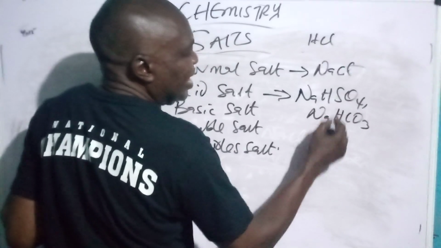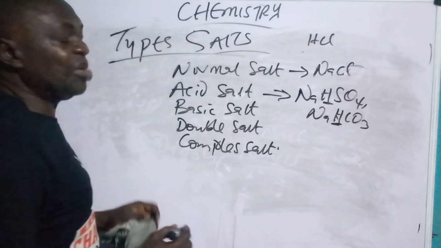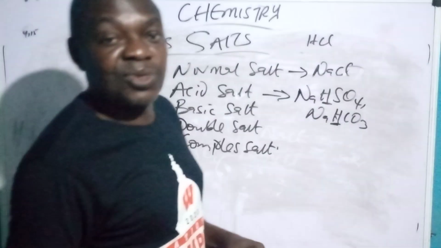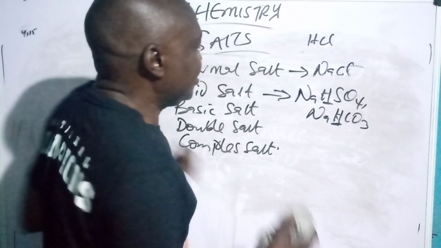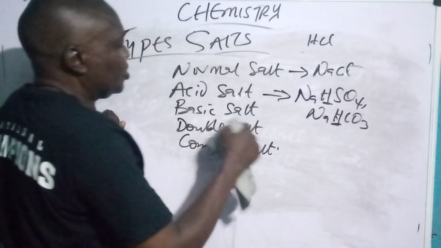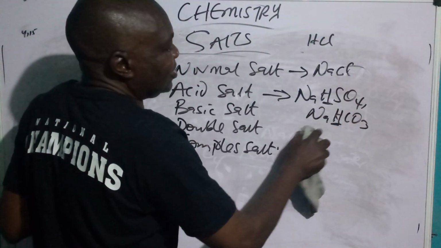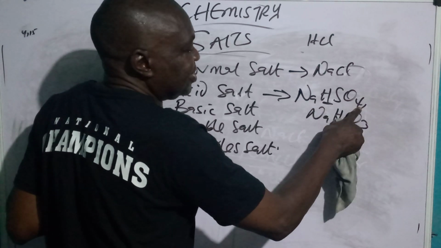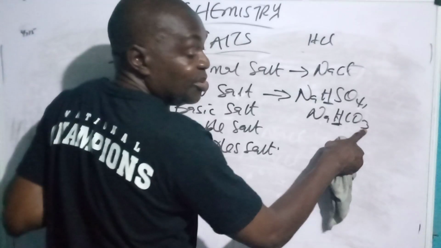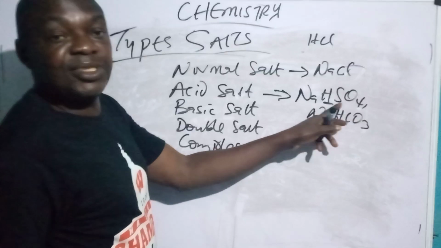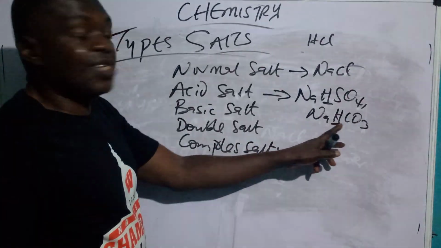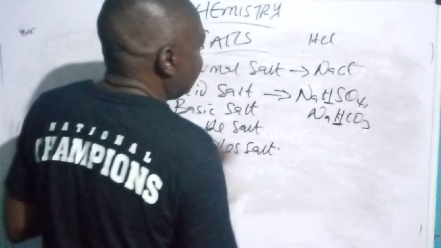So long as it contains the hydrogen, it's an acid salt. Remember, the hydrogen ion is what actually makes it an acid in this part of the topic. So these are acid salts: sodium hydrogen tetrasulfate(VI) and sodium hydrogen trioxocarbonate(IV).